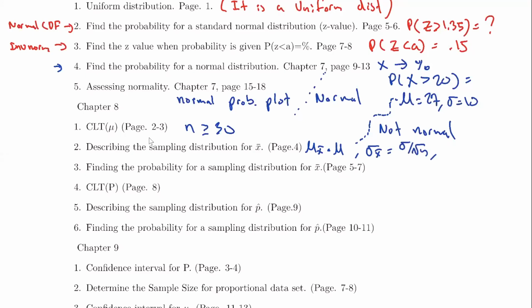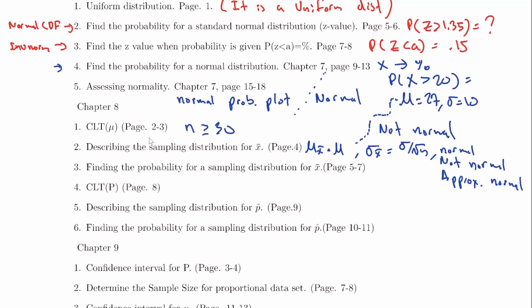And you're also going to give me whether it's normal, not normal, or approximately normal. So when I say describe the sampling distribution, you give me mu of X bar, sigma of X bar, and tell me if it's normal, not normal, or approximately normal.